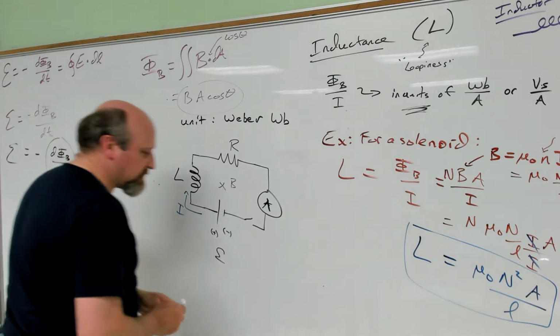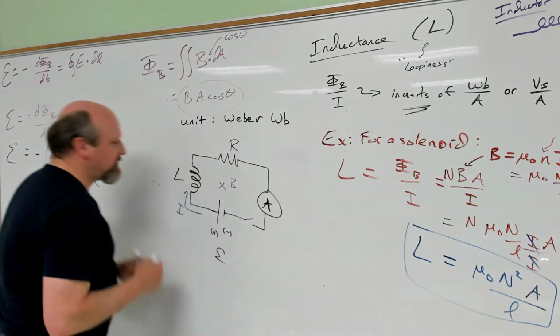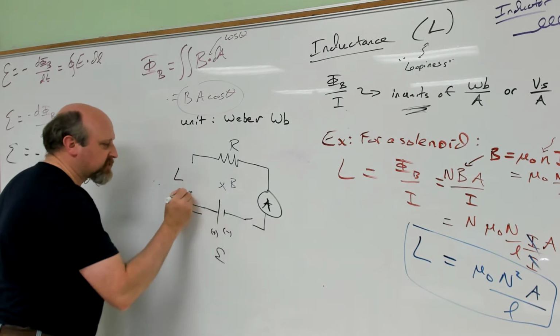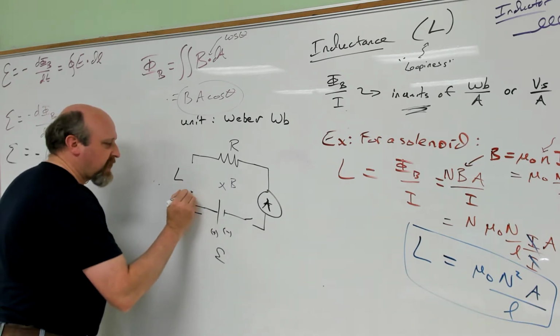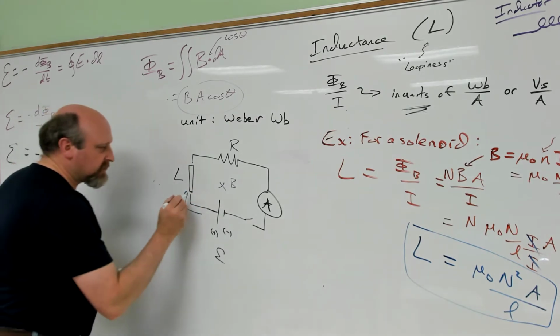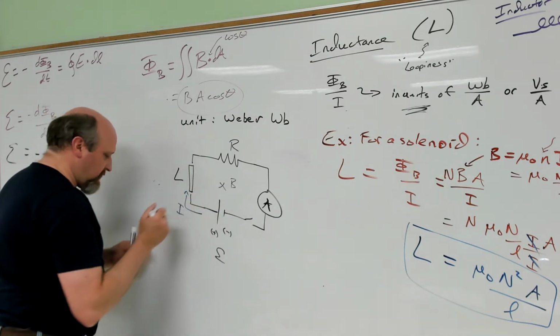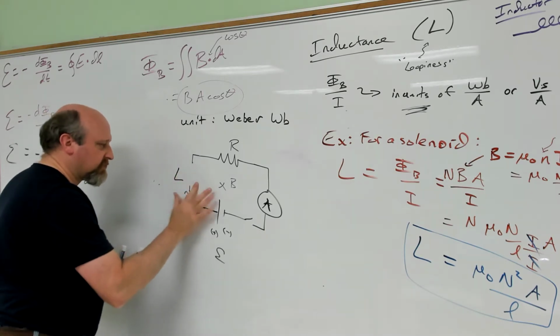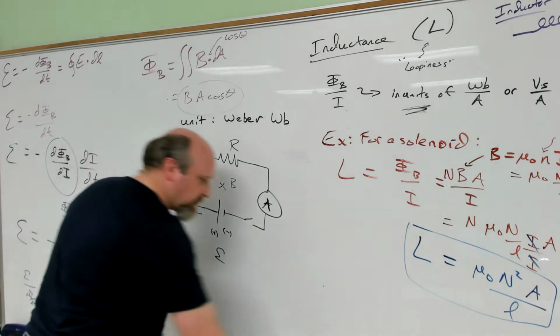Now, that's the circuit symbol. I'm going to draw this a little bit differently so I can have a perspective picture. Let's say there is my iron core, and here's the wire. I'm going to color code that a little differently so you can see it a little bit clearer.